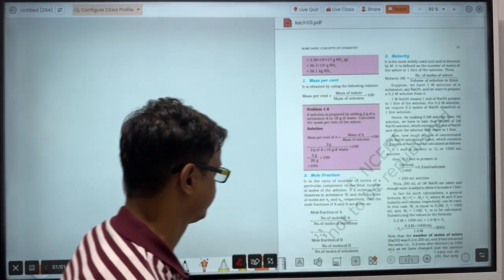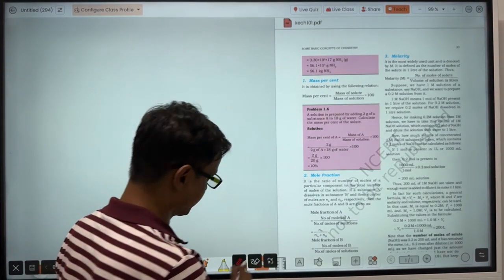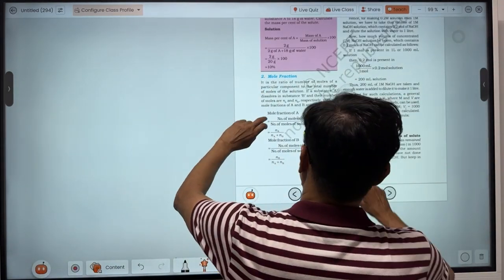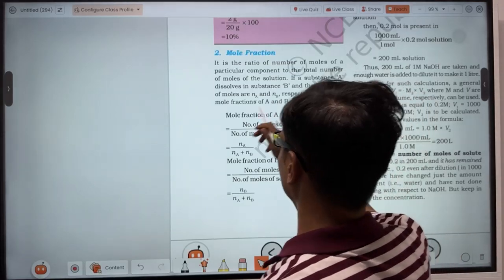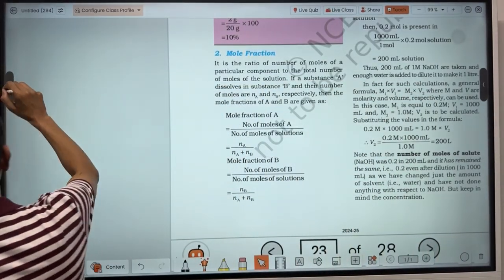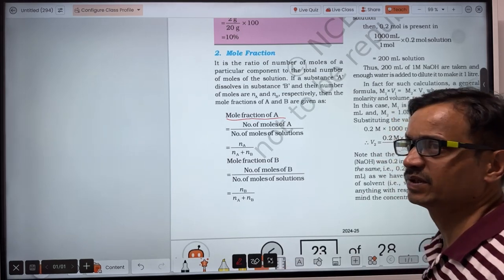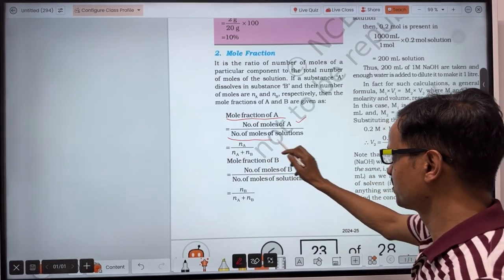So let's see here. The formula for mole fraction is already given here, I am not writing it. There are two components A and B. So mole fraction of A, if you have to find out, will be equal to number of moles of A upon number of moles of solution.